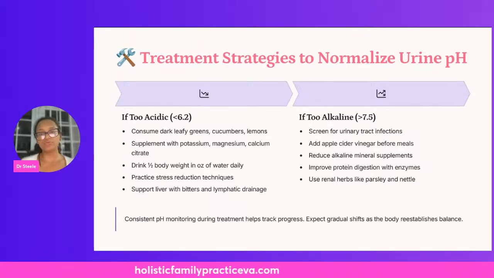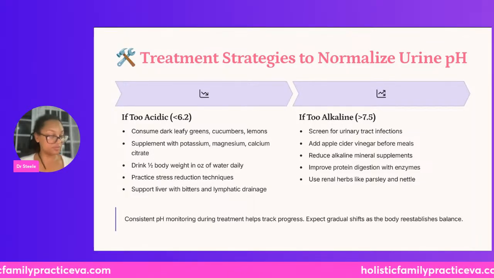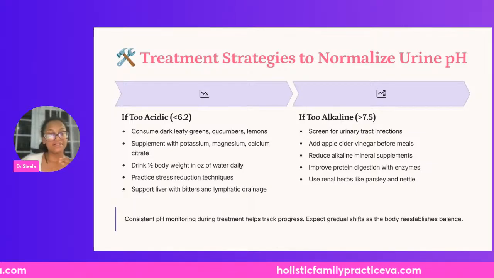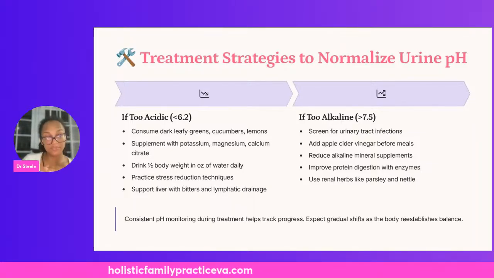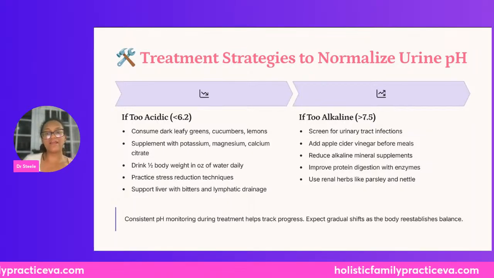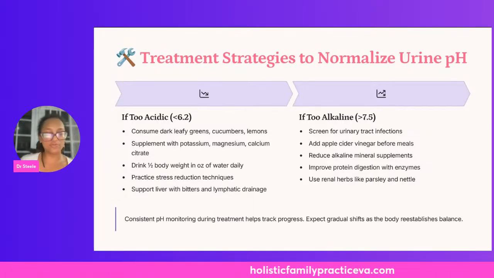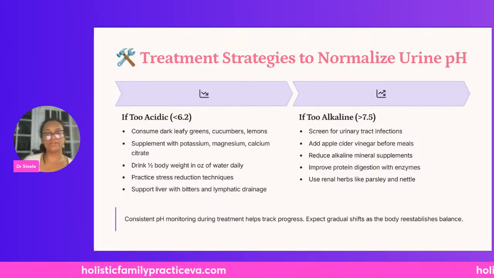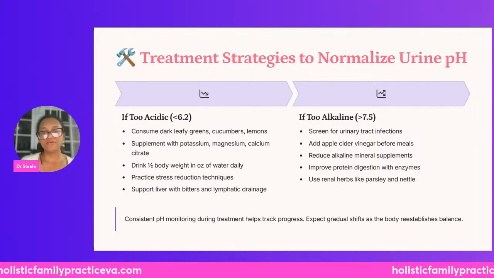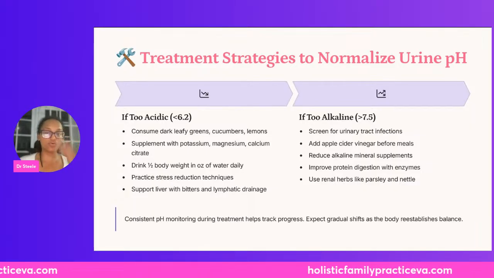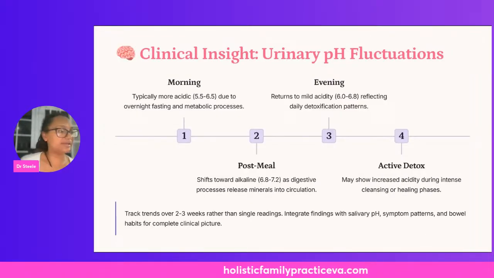You also want to improve your protein digestion with enzymes. So that would be where you would perhaps do your stomach acid test to see if you have enough stomach acid to properly break down those proteins, because that could be the issue right there. And then renal herbs, so herbs for your kidneys like parsley and nettle can be really helpful. So those are some of the treatment strategies to normalize your urinary pH.